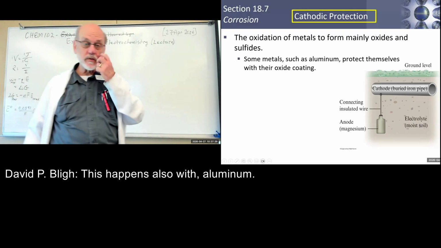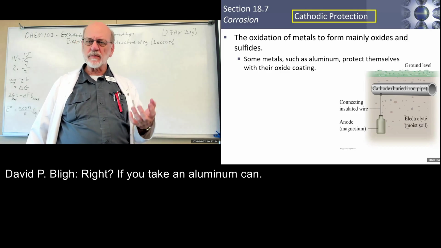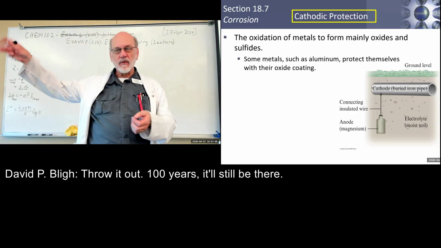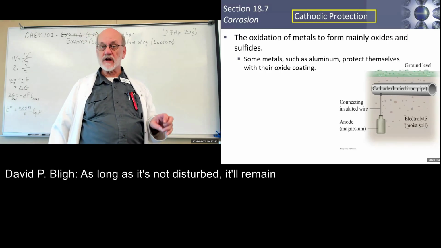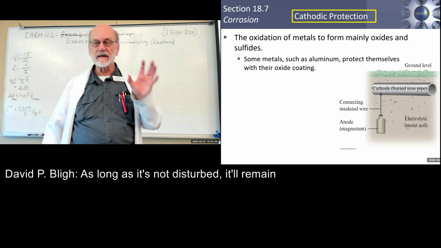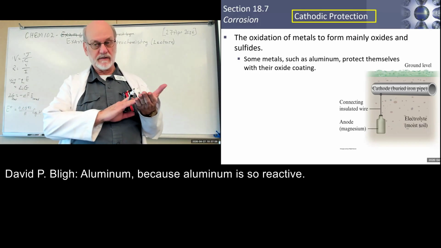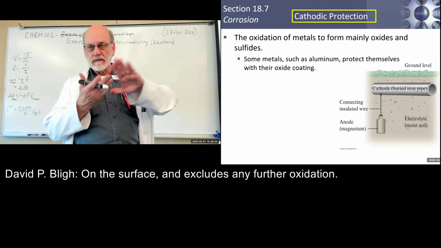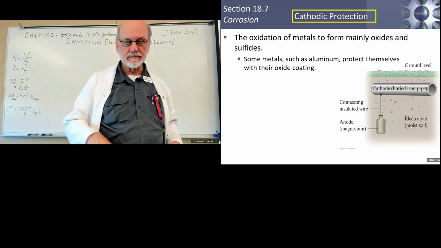This happens also with aluminum. If you take an aluminum can, with or without the paint, throw it out, 100 years, it'll still be there. As long as it's not disturbed, it'll remain aluminum, because aluminum is so reactive that it forms an aluminum oxide layer on the surface and excludes any further oxidation.